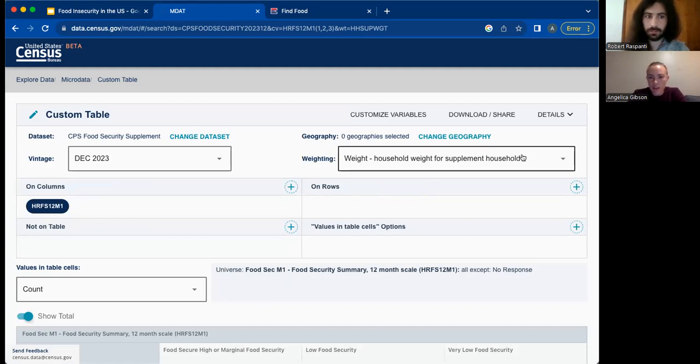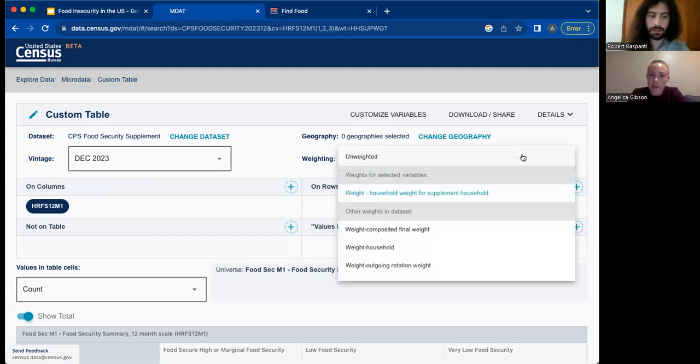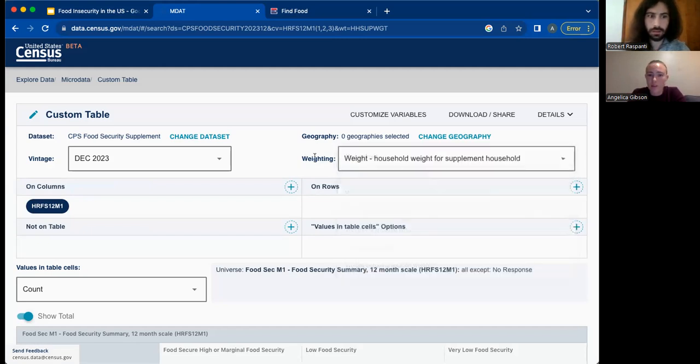And then the last big step, but very important, is this weighting here. So right now, the default in the way that the USDA reports on food insecurity, and this is really important because a lot of people don't understand this. And as hunger advocates, I think it's really important for you guys to have some general understanding of this.